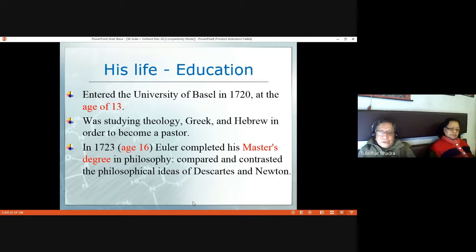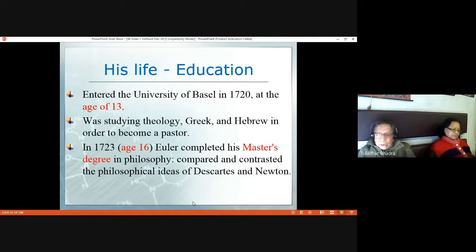In 1723, at the age of 16, Euler completed his master's degree. So he only took 3 years at university to complete the master's degree. But his master's degree was again not in mathematics, it was in philosophy. His work was to compare and contrast the philosophical ideas of Descartes and Newton.